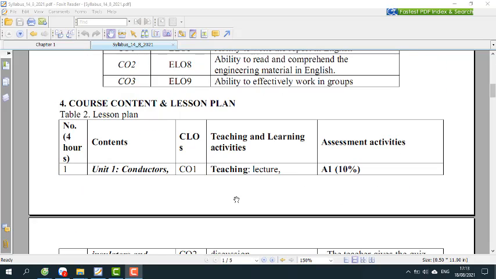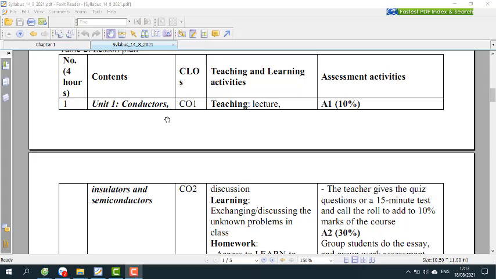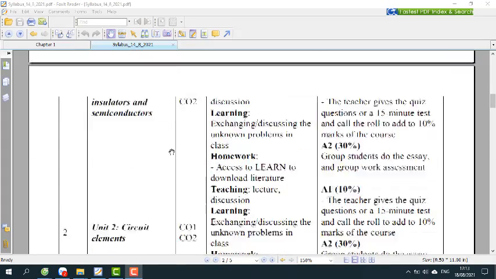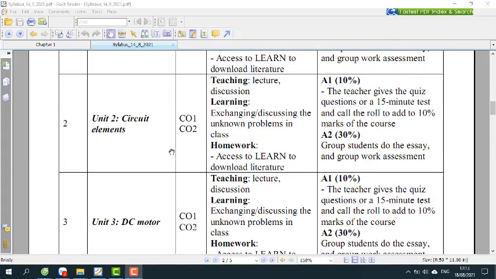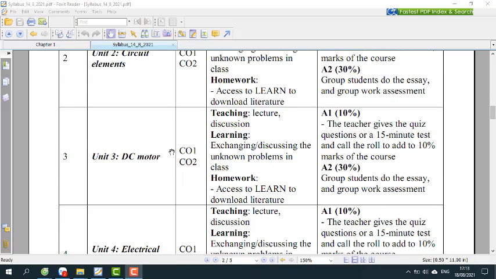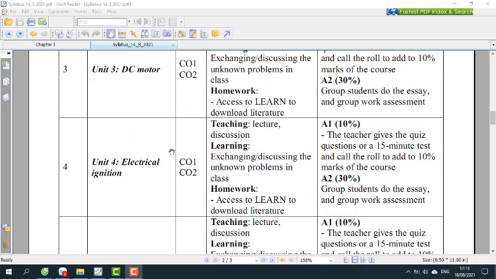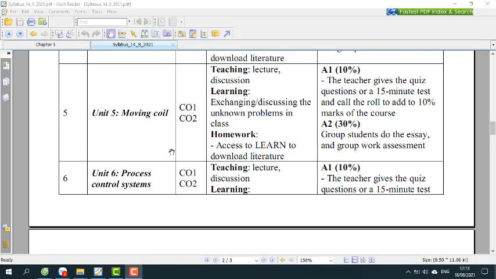And the content of the course separates into 11 units. Unit 1, conductors, insulators, and semiconductors. Unit 2, circuit elements. Unit 3, DC motor. Unit 4, electrical ignition. Unit 5, moving coil.